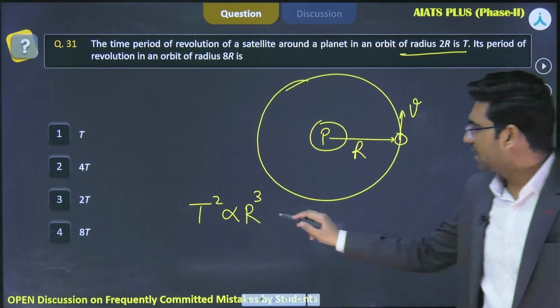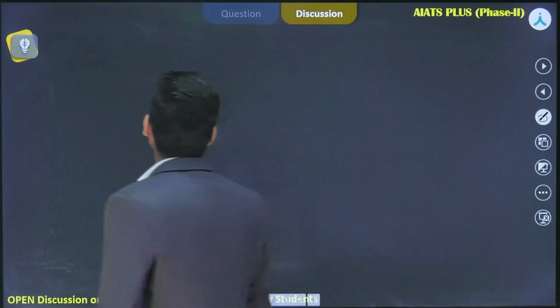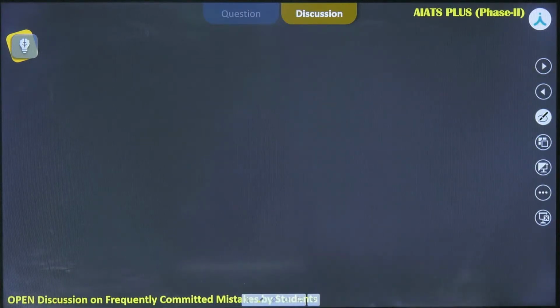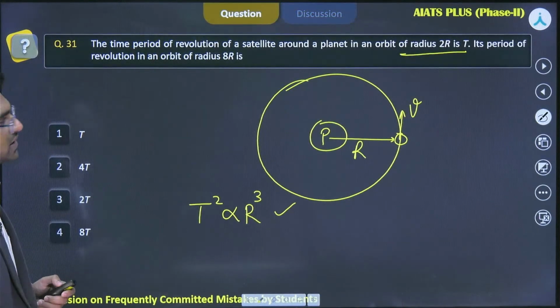So the square of the time period is proportional to r cube. Can we apply this formula here directly?